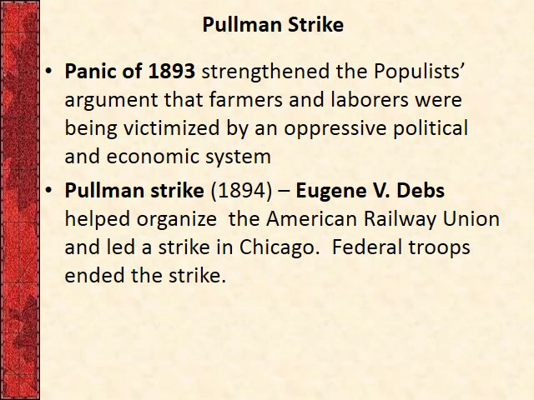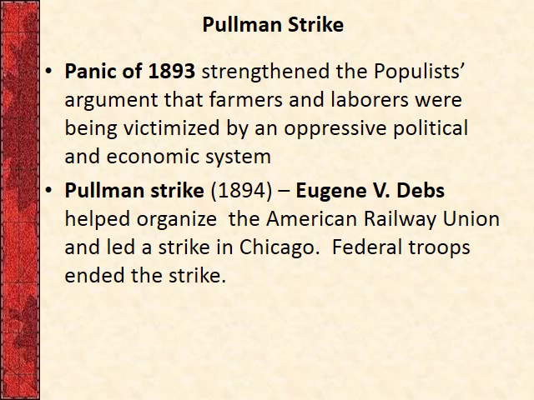So the Populist Party thought that the Panic of 1893 was going to drive a lot of Eastern laborers, the workers, the working class, into their party because they felt that they had a common enemy in the oppressive political and economic system. Really, it's all that 99% argument that the hipsters were making a couple years ago.